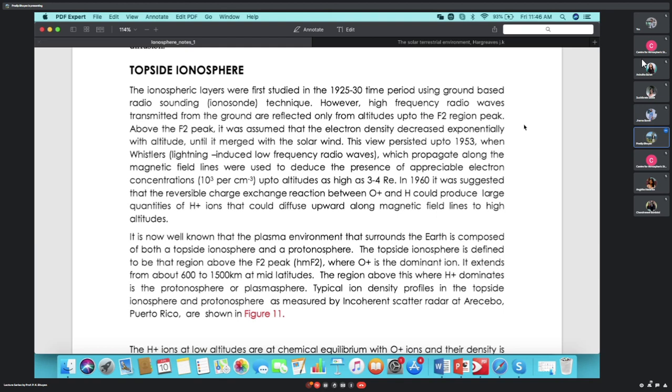But whistlers, if you have heard this term, whistler is a whistle sound. Whistlers are extremely low frequency radio waves which are produced during lightning. When lightning occurs, along with other radiations, including visible light, you get these extremely low frequency radio waves. Extremely low frequency here means from 10 to 30 kilohertz, which is audible.